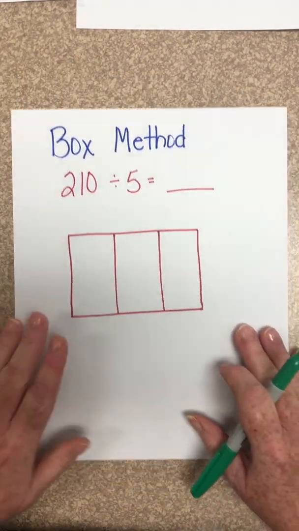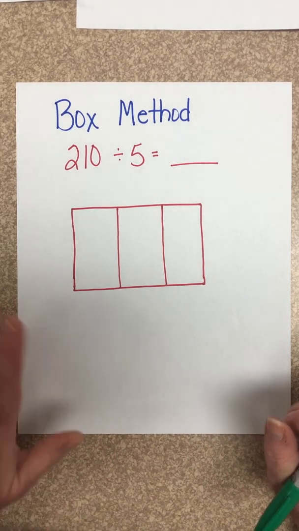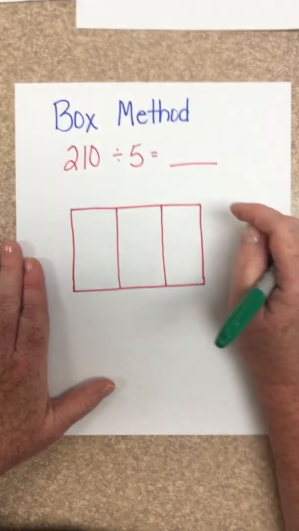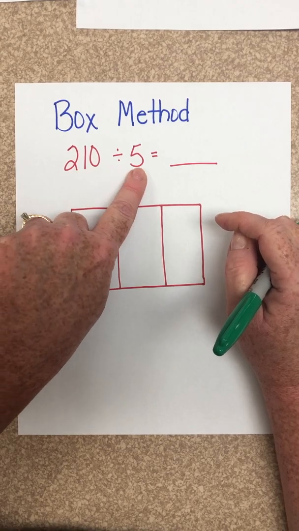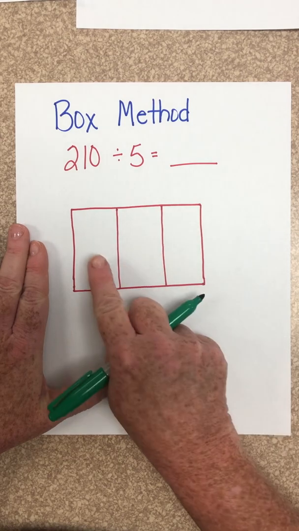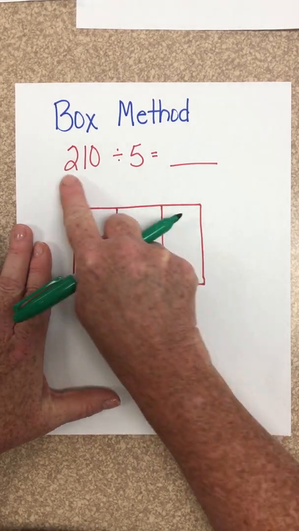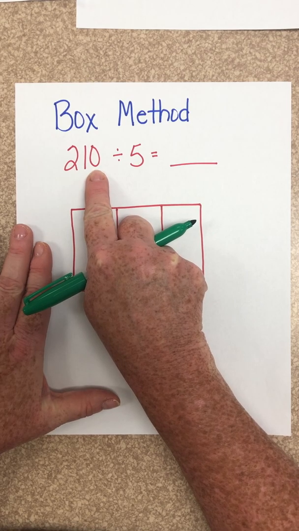Now let's look at another method to solve division of whole numbers. This is called the box method or box division. Notice we have 210 divided by 5. We're going to find the answer using this method. We have 3 columns in this box, 1 for each of the digits in the dividend.